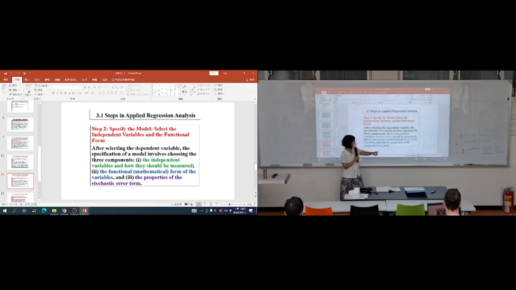Third is the properties of the stochastic error term. Actually, we don't think about this one; we just assume regular stochastic. So usually we think about the first and the second. This is too advanced, maybe for PhD students, not for you.